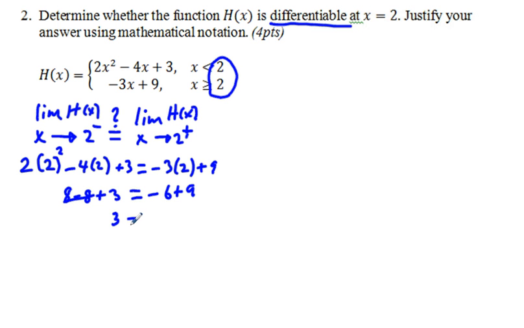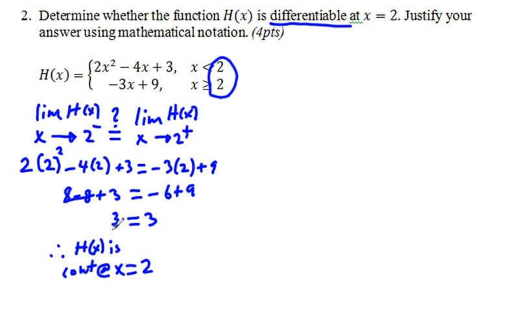So we have 3 equals 3. And since the limit from the left side equals the limit from the right side, we can conclude that h of x is continuous at x equals 2.